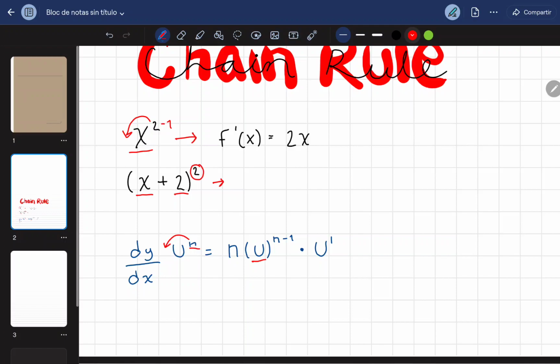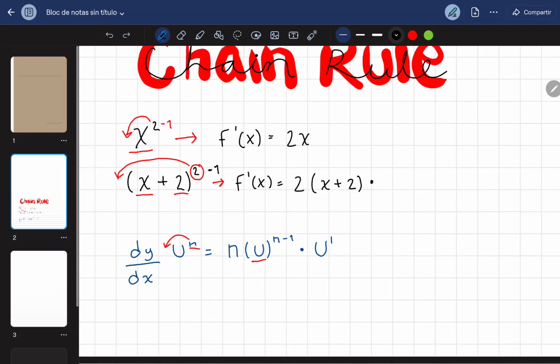Well, we are going to do the same thing. This 2 goes down, multiplying the binomial. And we say 2 times (x + 2), and we subtract 1. So it is 1 in here, but same thing, it's not necessary to write it down.